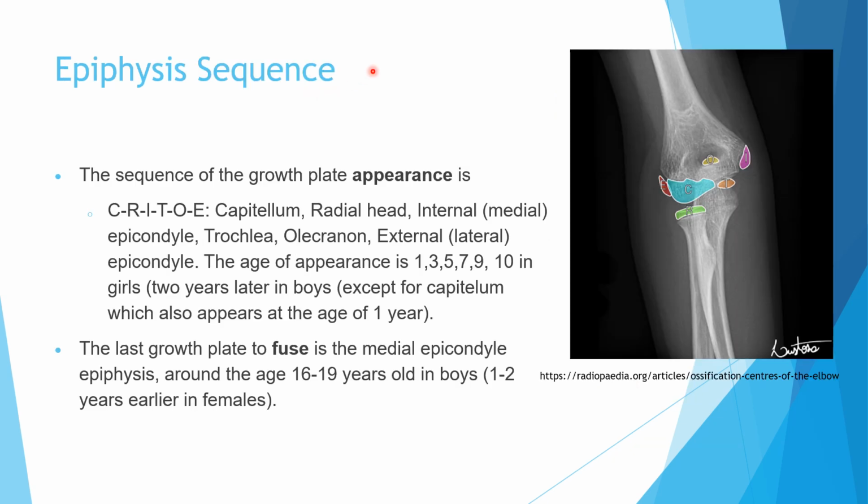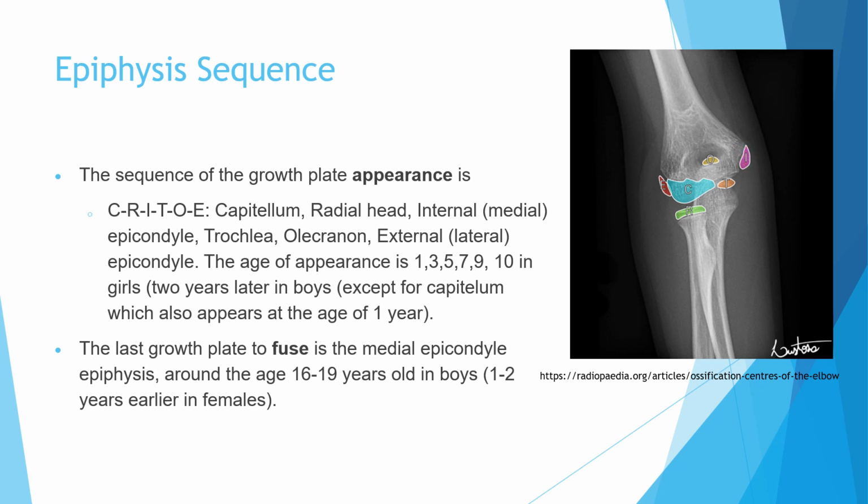It is very important to know the sequence of the appearance of the different epiphyses in the elbow. The sequence you can remember with the word CRITOE. The C is the capitellum. The R is the radial head. The I is the medial epicondyle, or you can call it internal epicondyle.